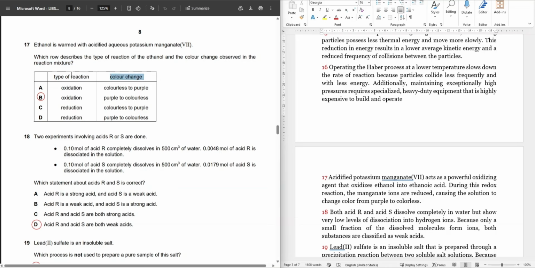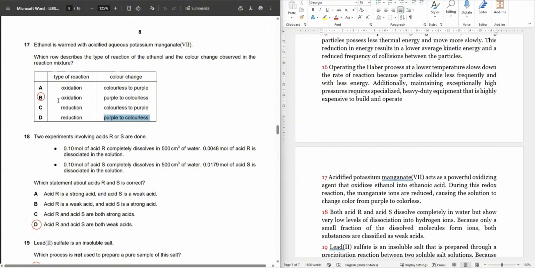So the options given are: option A, oxidation type of reaction, where the color changes colorless to purple. Option B is oxidation, purple to colorless. Option C is reduction, colorless to purple. And choice D is reduction, and the color changes purple to colorless.